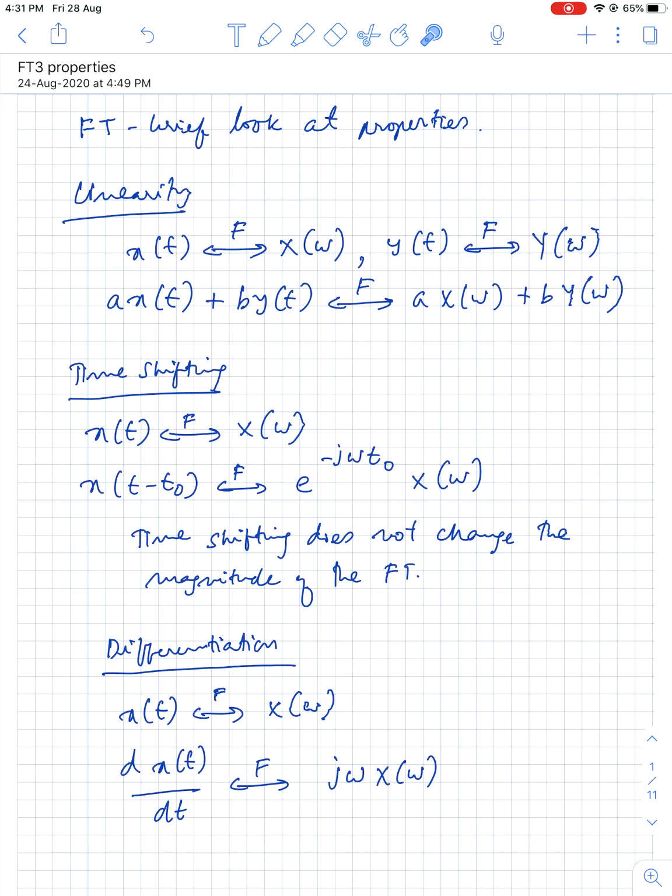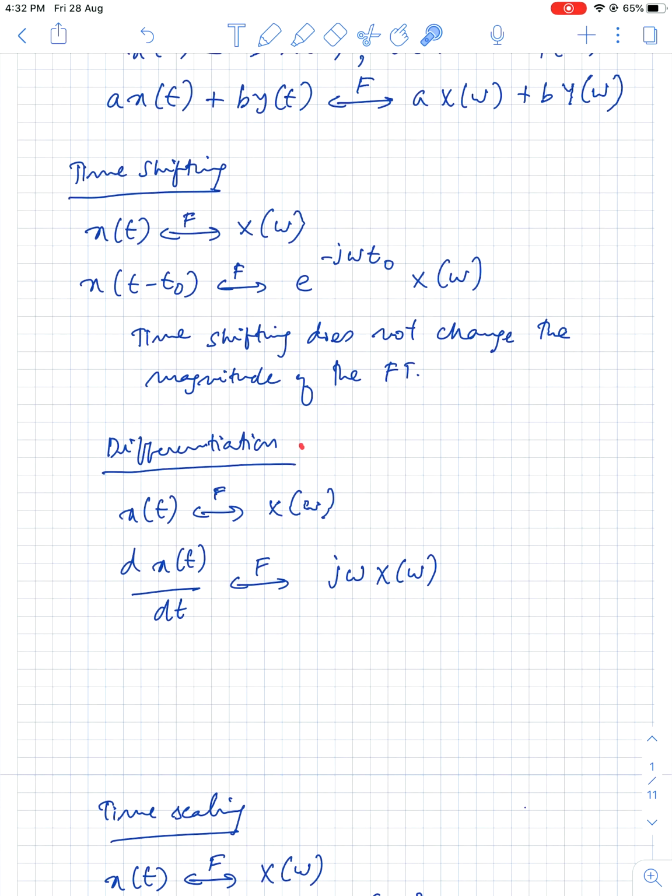Essentially what this means is that time shifting does not change the magnitude, because the magnitude of this factor is 1. It only changes the phase. If this is a complex number, it will have a magnitude and a phase if you write it in polar form. When you do the time shifting, only the phase part will change. The magnitude will remain the same.